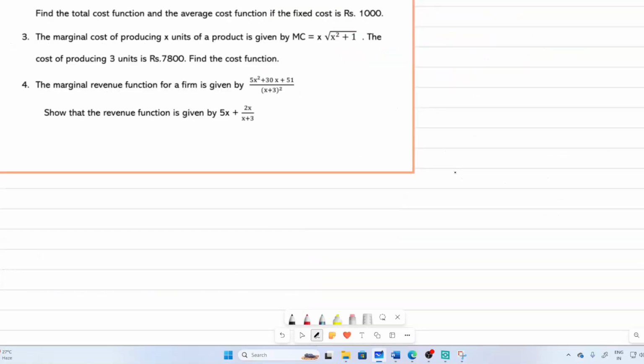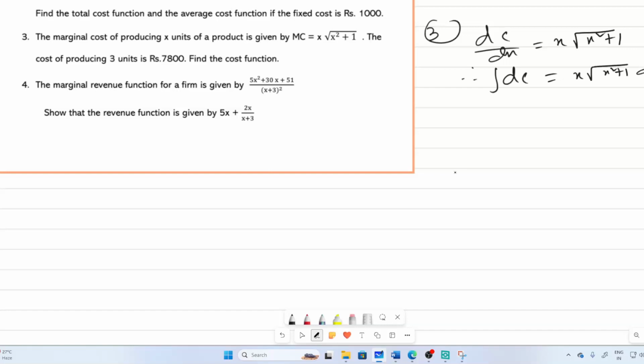For the third sum, number 3, dc by dx equal to x root x square plus 1. So cross multiply and integrate: x root x square plus 1 dx.